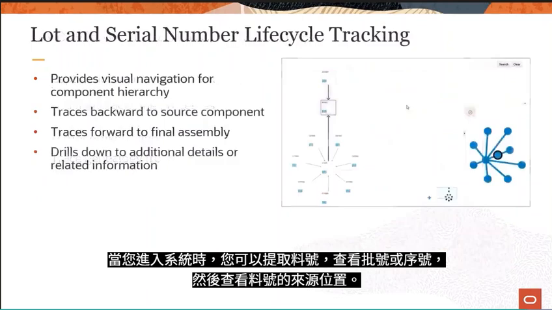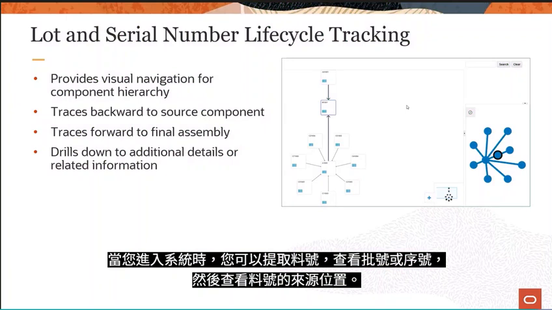When you go into the system, you can pull up the item, look at the lot or the serial number, and then you can see where it was used, where it came from. You can track it backwards, forwards, and wherever it's been used and however it's been used. So you've got that information.